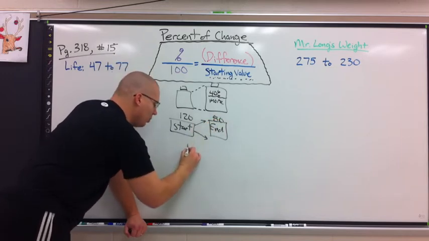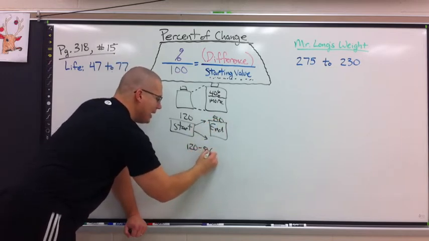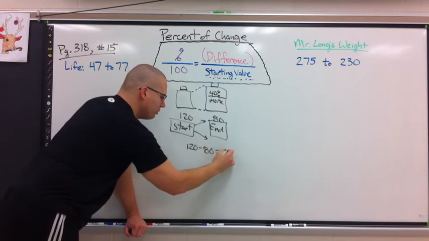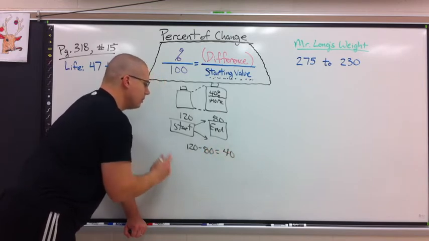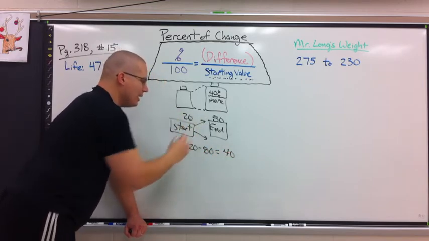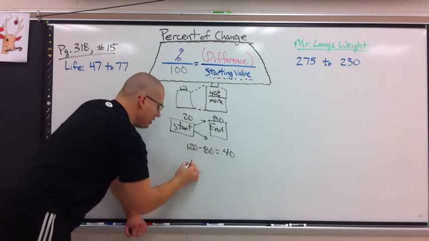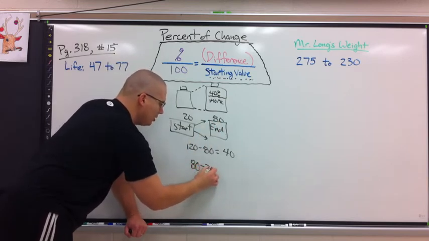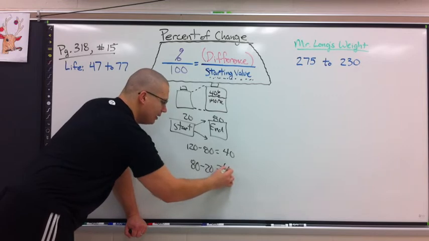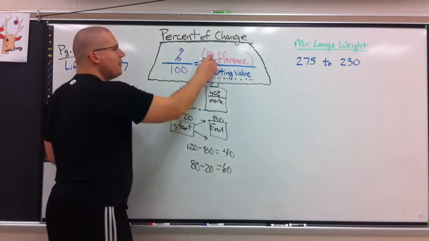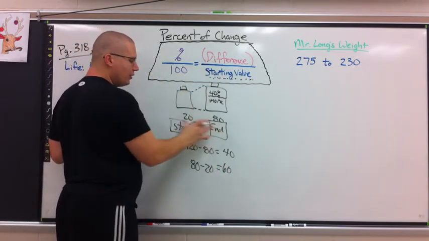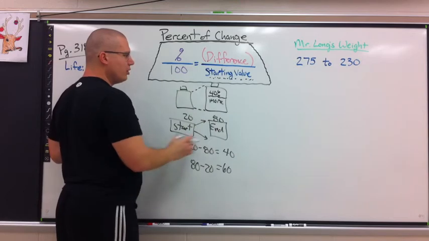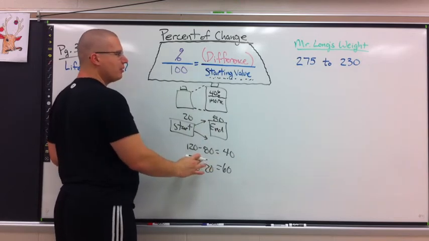I would subtract 120 minus 80 and get 40. Let's say I started at 20 and ended up at 80. I would reverse it and subtract 80 minus 20 and get 60. So the difference is the subtraction of the two numbers, so that you always get a positive answer.